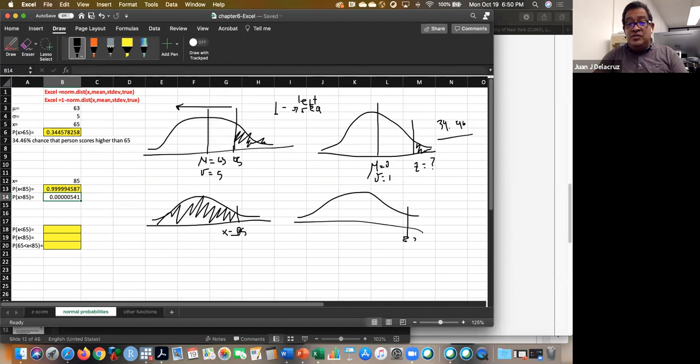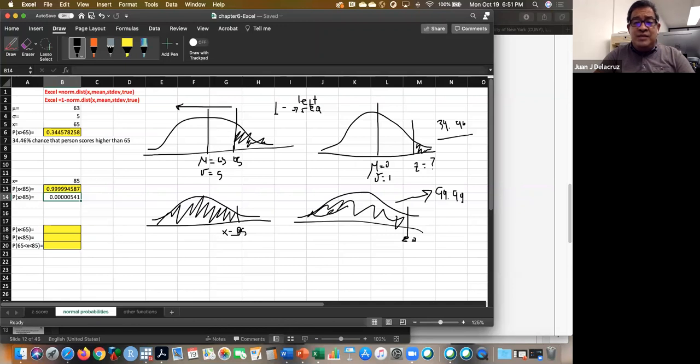This is the C-score that so far I don't know, but I can find it. So this area is going to be equal to 99.99%, right? So that's what we're going to realize.